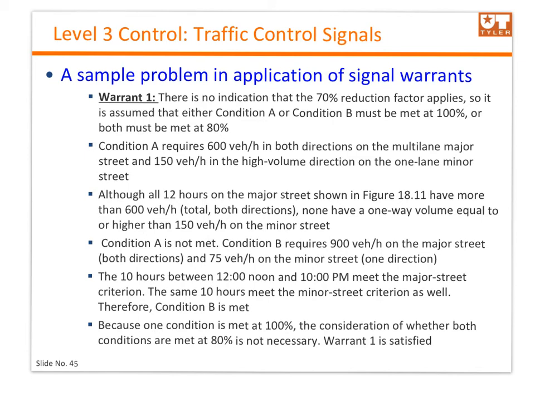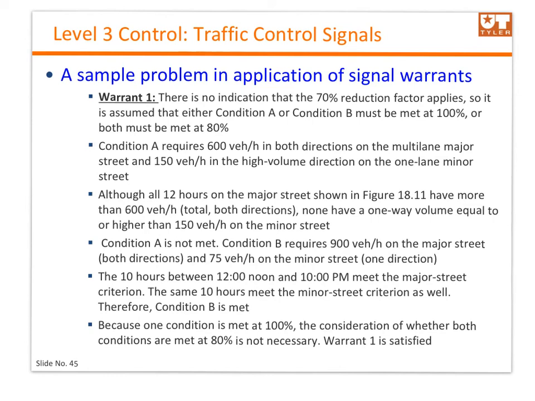Because one condition is met at 100%, the consideration of whether both conditions are met at 80% is not necessary, and warrant 1 is satisfied. If I'm meeting one of the two conditions at 100%, the warrant is satisfied. So I need a traffic signal based on warrant 1.